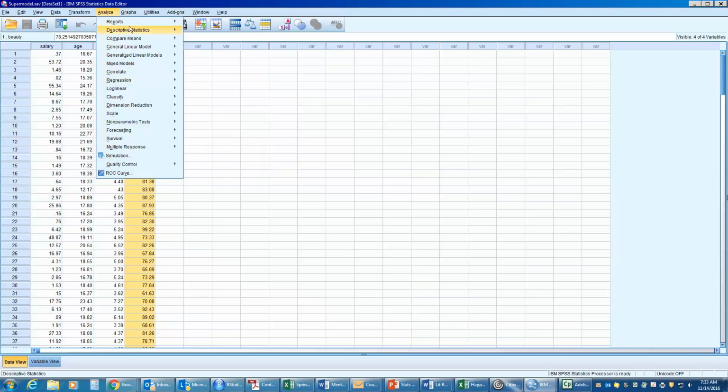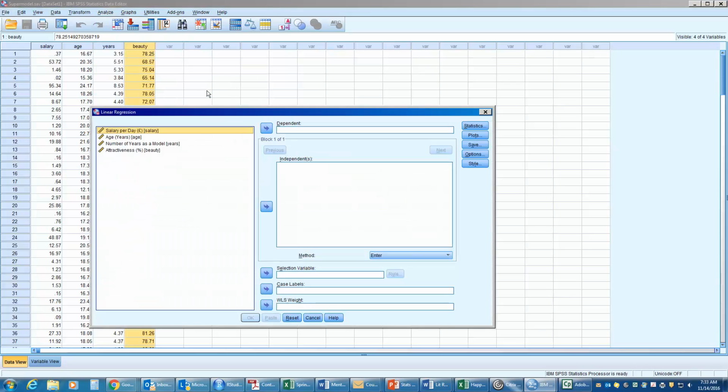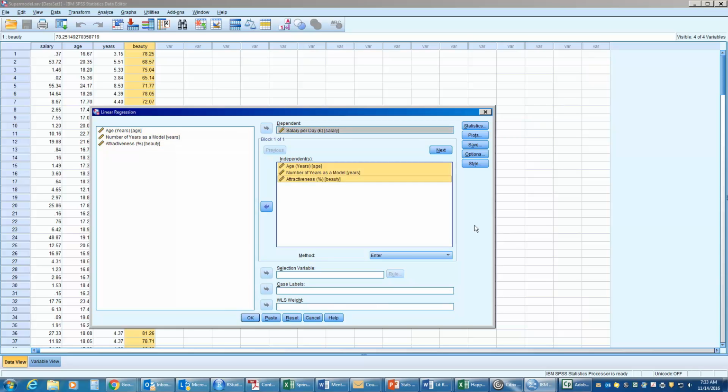Regression, and of course, we would do all the descriptives and make sure that we check for linearity and so forth, but we're not going to do that for the purposes of this video. We conduct a linear multiple regression. The outcome variable, or the dependent variable, is salary per day, and these are the independent variables.